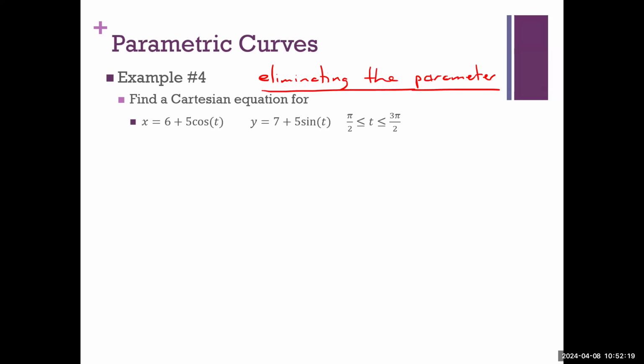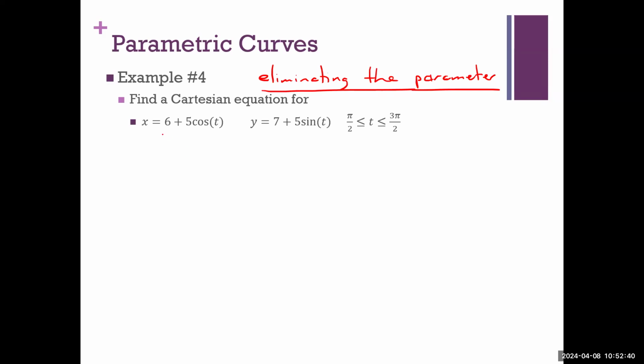I just have pi, so that leads me to believe it should be a half circle. But where's that circle going to be? How did you get that? Adding 6 and 7. Okay.